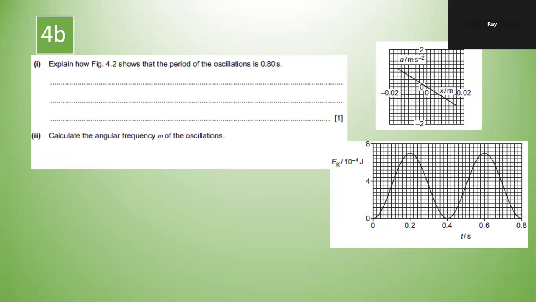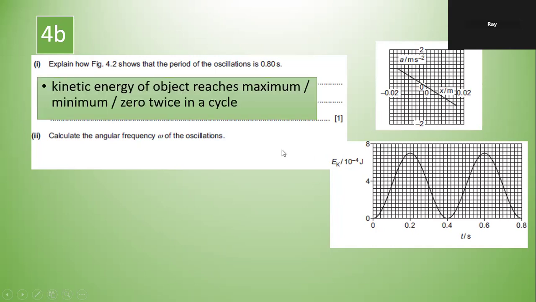Basically, the kinetic energy goes to zero twice, or goes to maximum twice, in a cycle. The kinetic energy reaches maximum, or minimum, or zero, twice during one oscillation.